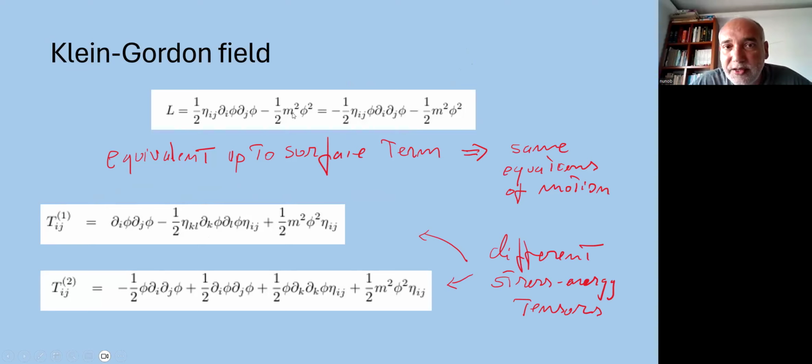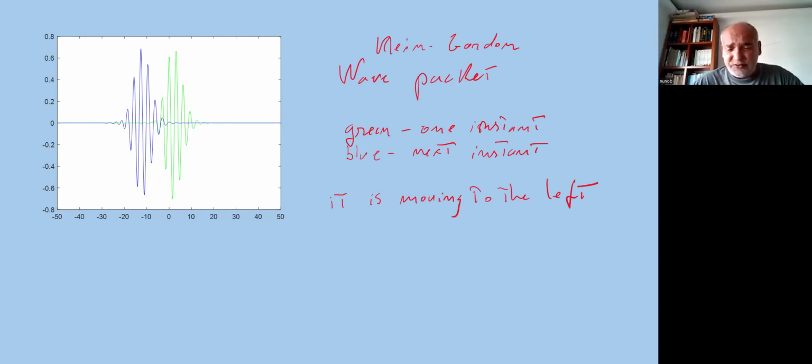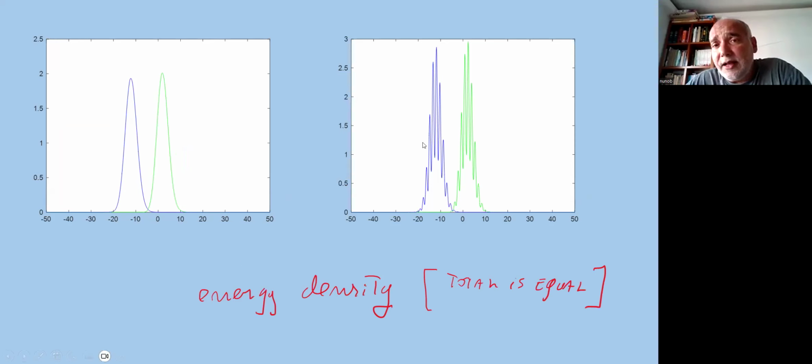This is flat space. I'm doing the Klein-Gordon field in flat space, and you have these two tensors. And surprisingly enough, I can tell you that the standard one is the one which has all this variation from point to point. This very smooth one is the new one that I constructed.